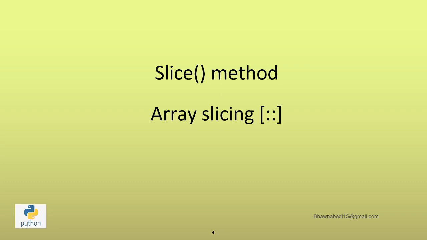You can use the inbuilt slice method that comes with Python, or you can use array slicing. Array slicing is something that would be very much required, so we are going to see both of them. The slice method is a slice constructor, and it will be pretty short because it is just a constructor that we have to use. Then array slicing we are going to discuss in detail.